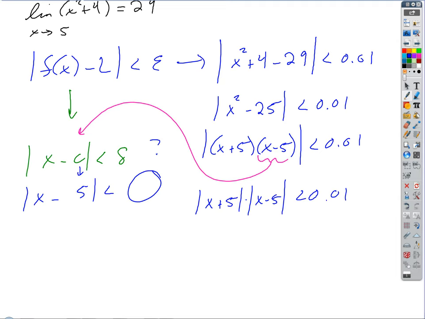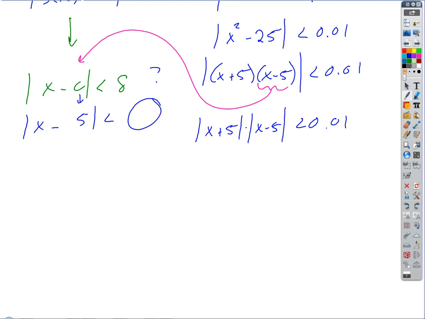So it would seem to make sense that if I divide each side through, algebraically, that seems pretty good, right? Then we get the absolute value of x minus 5 is less than what, though? How do I deal with that?